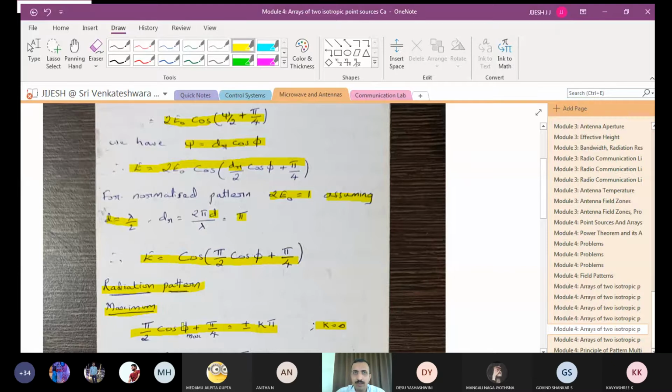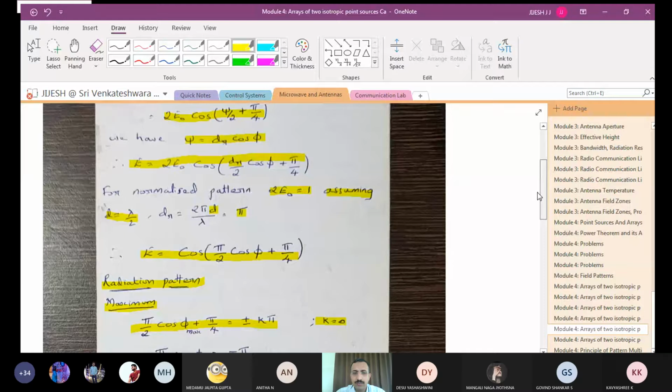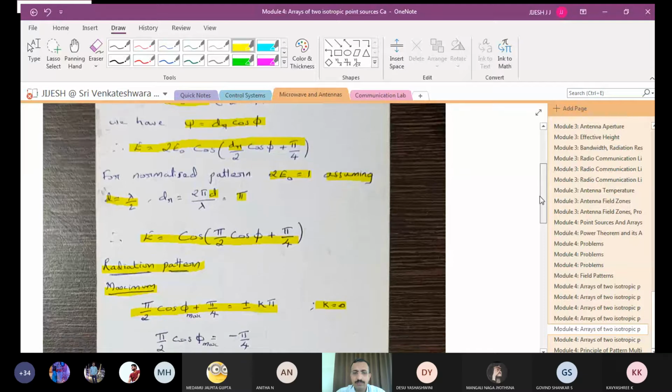Similarly, we are going to find the minimum value as well as the half power points. So when you move ahead further and substitute k is equal to 0, you can see that pi by 2 cos phi maximum is equal to minus pi by 4.